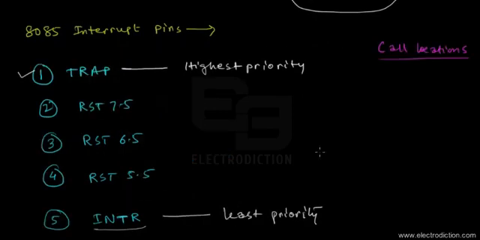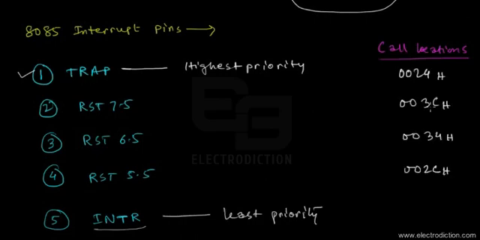The 8085 provides some pre-designated memory locations for the TRAP, RST 7.5, 6.5 and 5.5, in the order that I'm giving over here. So whenever there is an interrupt request on the TRAP pin, the 8085 transfers the program control to the memory location 0024.